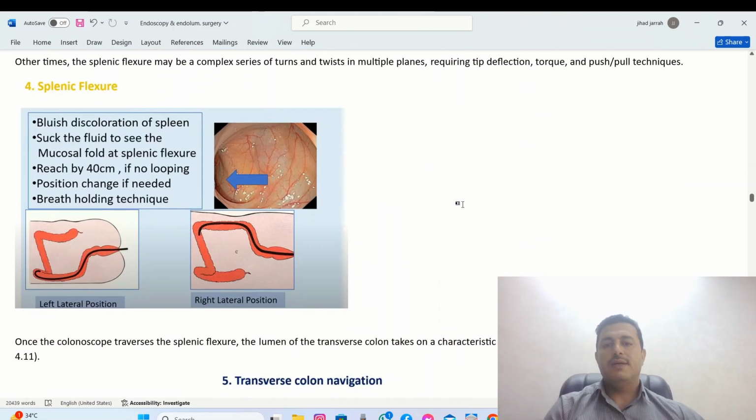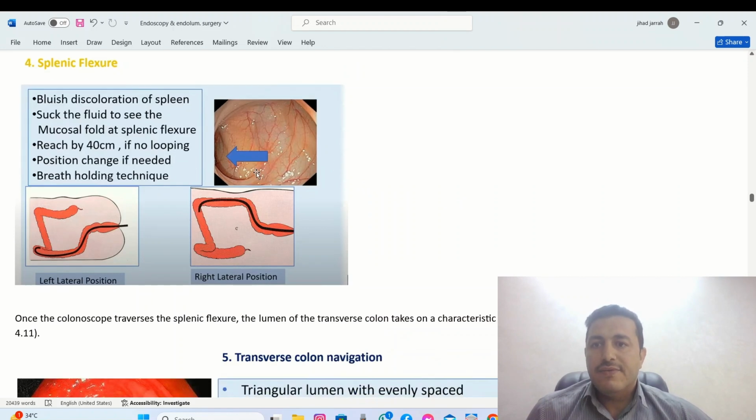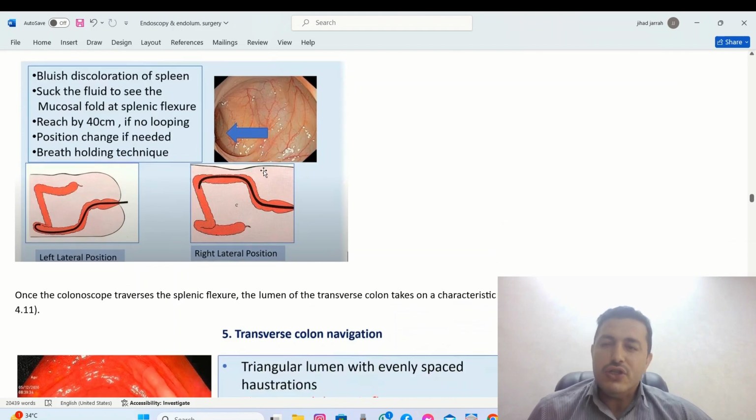As we said, when we reach the splenic flexure, we start to notice the bluish discoloration of the spleen. If there is fluid, please suction it. It's reached around 40 centimeters from the anal verge if there is no looping.